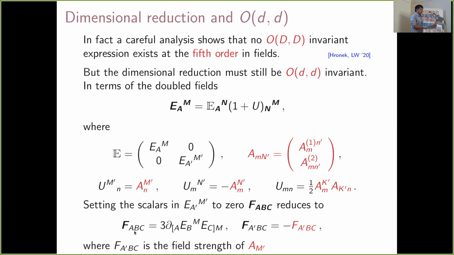If you take 3 external indices, you just get the corresponding thing. But if you take 1 internal and 2 external indices, this 3-index object reduces precisely to the field strength of this double gauge vector field. So this F with 1 primed and 2 unprimed indices is the field strength of this double gauge field from dimensional reduction.